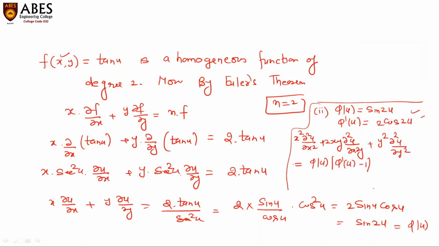We have the value of phi u and phi dash u, so we can write sine 2u into 2 cos 2u minus 1, and we can write sine 2u into 2 cos 2u minus sine 2u, which is equal to sine 4u minus sine 2u. So this is the proof of part number second. So this is the answer of question number 2.